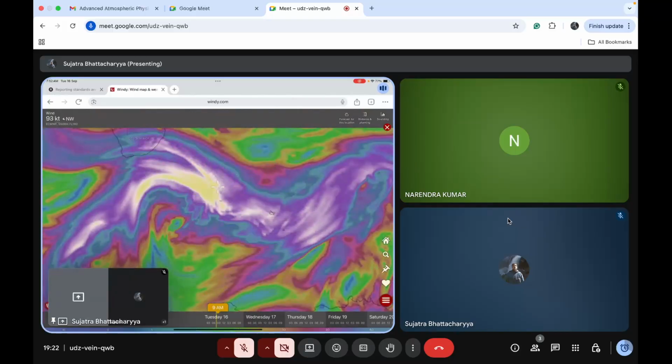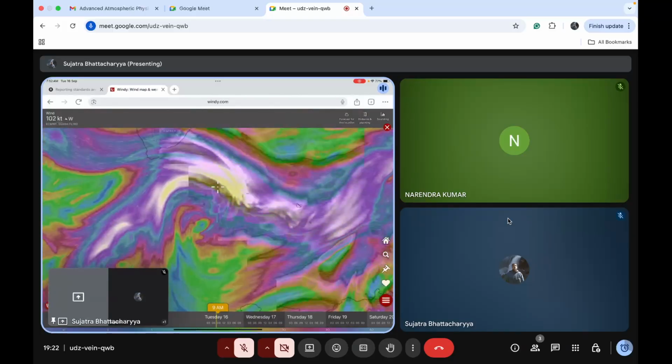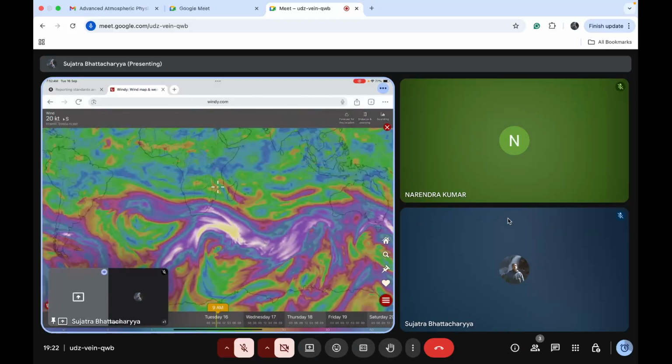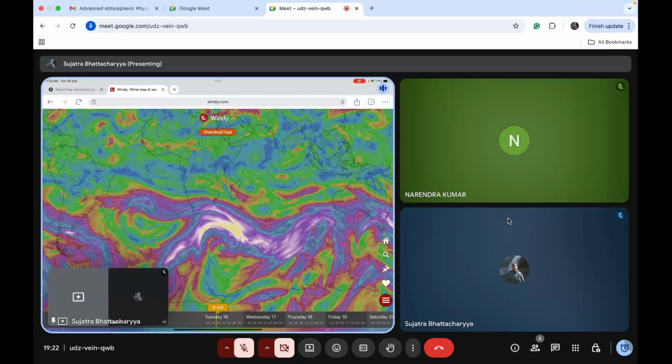So it blows in such a way in the southern hemisphere that to its right, that is here, you have lower temperatures, of course, because these are the polar regions, the Antarctic regions. So these are examples of the thermal wind or the jet stream. All right, this is what I wanted to show.